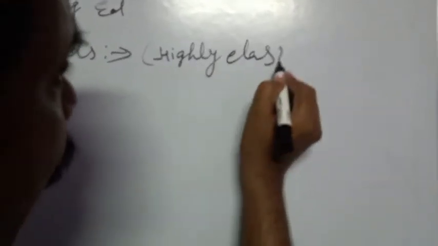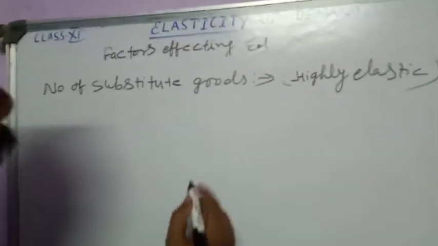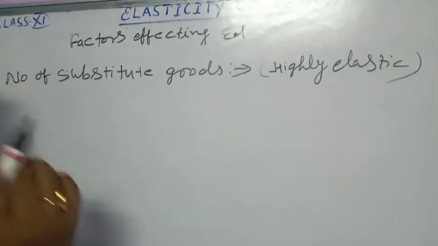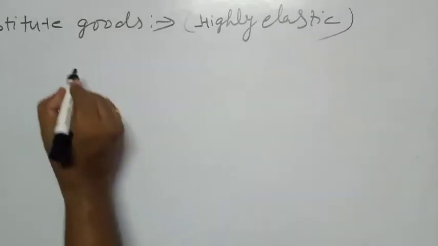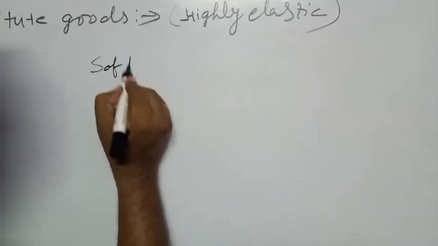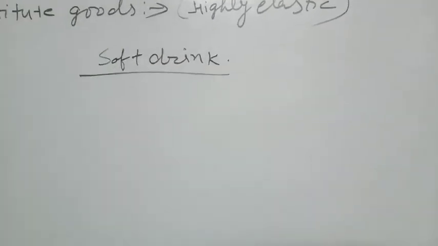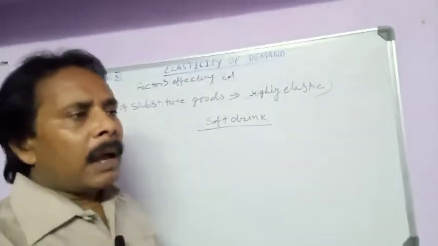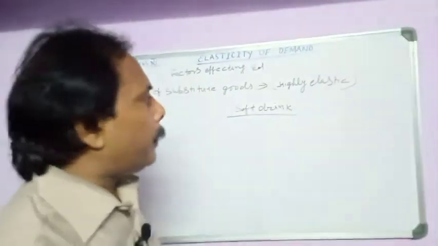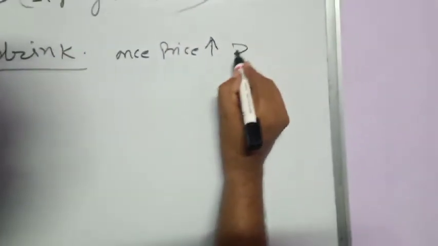How can you say it is highly elastic? Suppose we take an example like soft drinks, such as Pepsi, Coca-Cola, Thums Up, and a number of soft drinks are available. If one's price increases, what will happen?